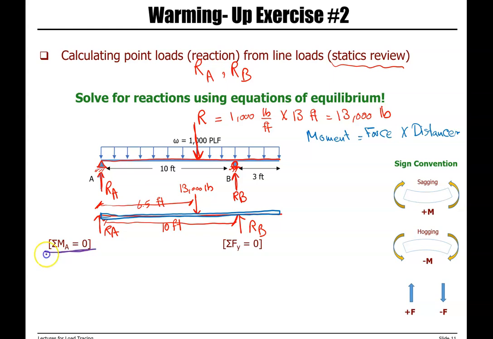We're gonna write the formula for sum of moments around point A is equal to 0. So this is point A. We have a moment here caused by 13,000 and another one here caused by reaction at point B. We're gonna use a negative sign here and a positive sign for this moment.